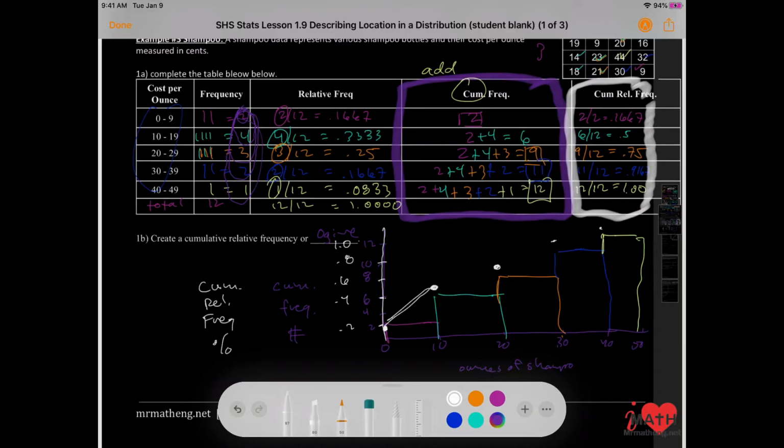So it's kind of looking something like this, okay? Something like that in white would be our cumulative relative frequency.